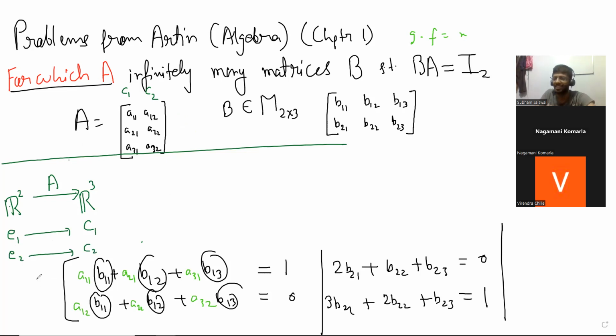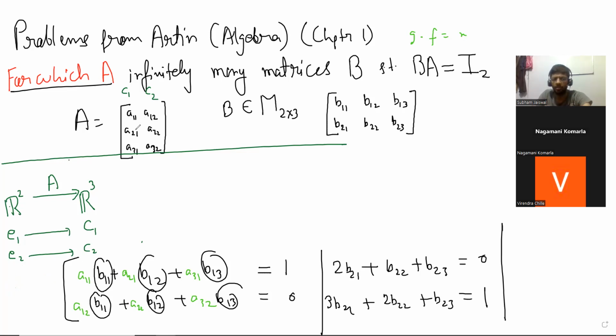Now things are interesting. This function is completely governed by this matrix. If it sends E1 to C1 and E2 to C2, any vector you have here, like (2, 5), you know very well where that will go: just multiply it with this matrix, or take a linear combination of those columns.